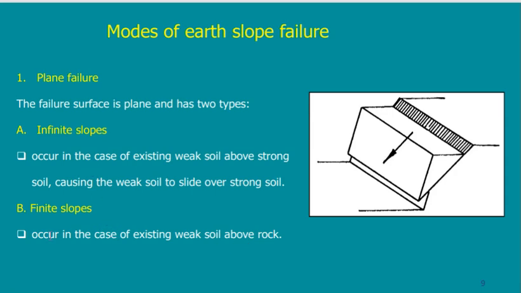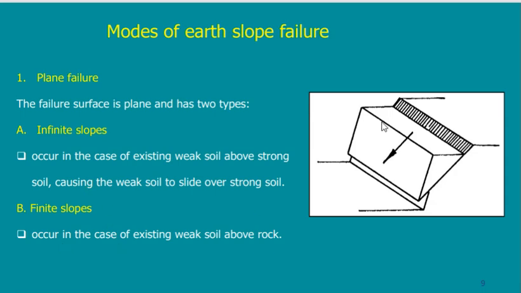Actually, I don't want to stick to these definitions. I want to stick to what I've just said. Regardless of the case, infinite means that it is a very long stretch. Finite means that it is a local failure.